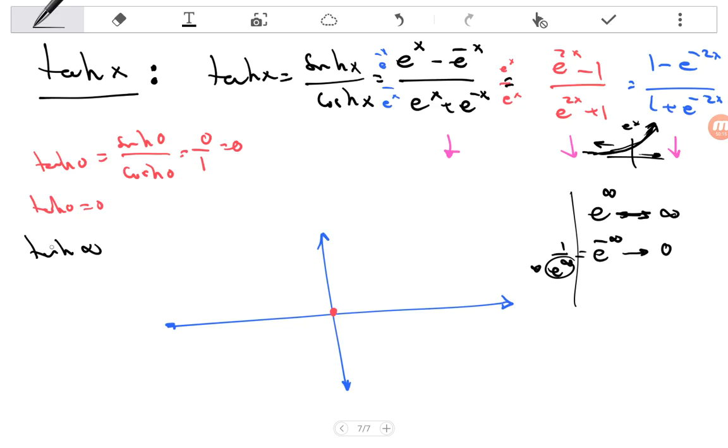So I need to substitute for infinity in that expression. If you use the first expression, you will get e power infinity minus e power negative infinity over e power infinity plus e power negative infinity. We learned that e power negative infinity is 0, but e power infinity is infinity, so I'll get infinity over infinity.